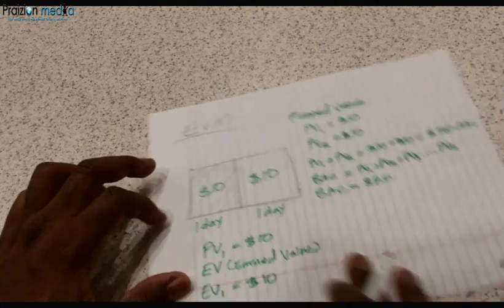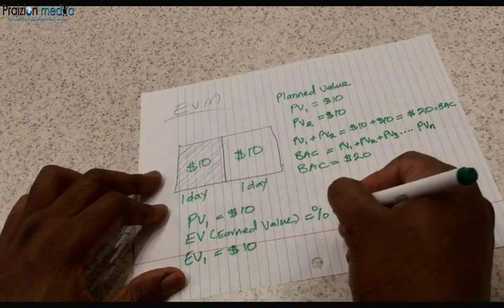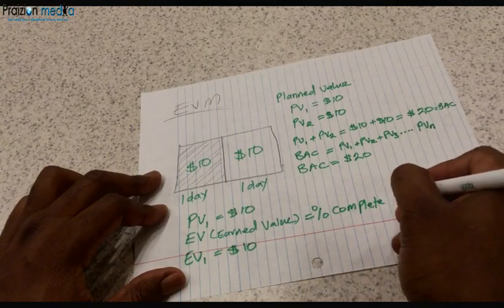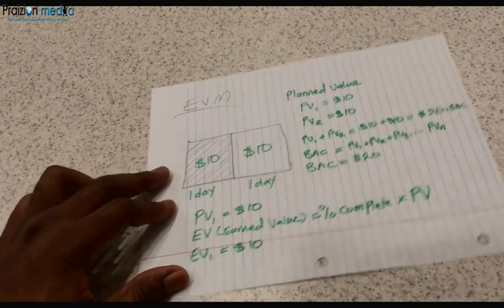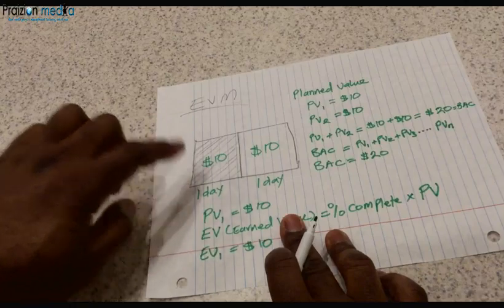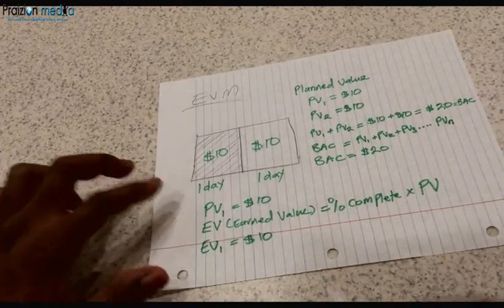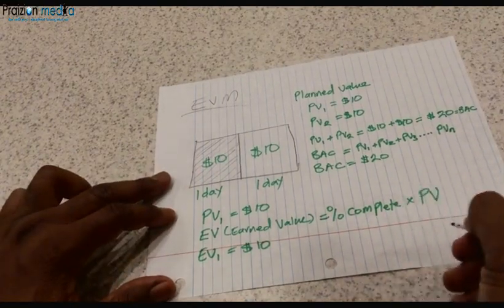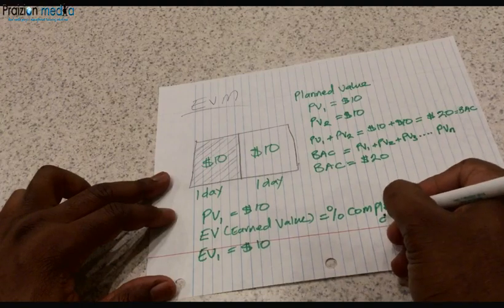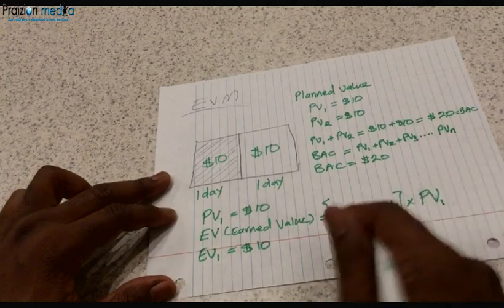There's a formula. Earned value is equal to percent complete times planned value. You see that? So in this case, the percent complete for the time period, don't forget it's for a particular time period. The percent complete for that time period, and we could put day 1 here, just so that we remember it is the percent complete for that time period.